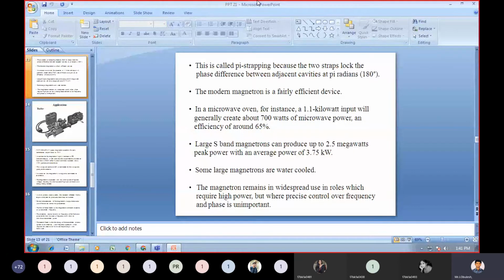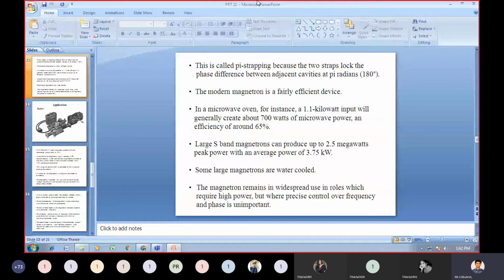The modern magnetron is a fairly efficient device. In a microwave oven, for instance, a 1.1 kilowatt input will generally create about 700 watts of microwave power, an efficiency of around 65%.